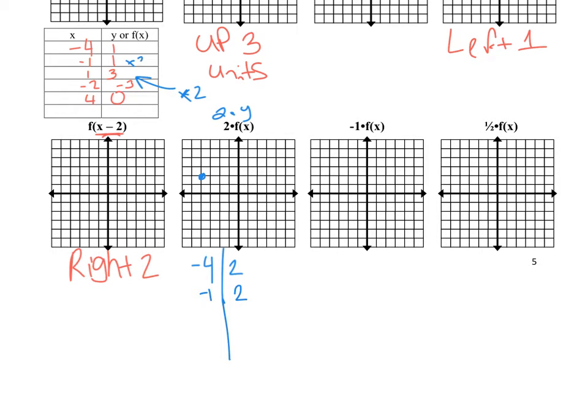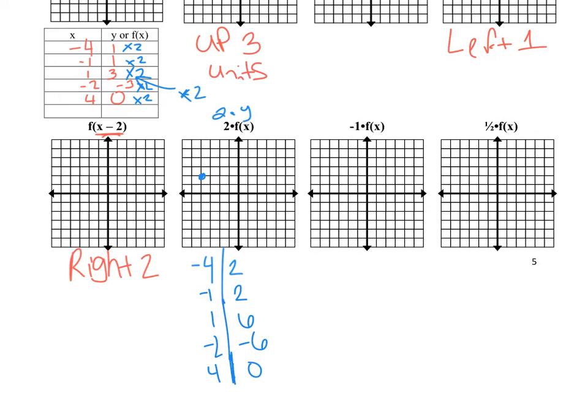So I'm multiplying all these guys by 2 right now. Okay, 1, 3 times 2 is 6. -3 times 2 is -6, and then 0 times 2 is 0.